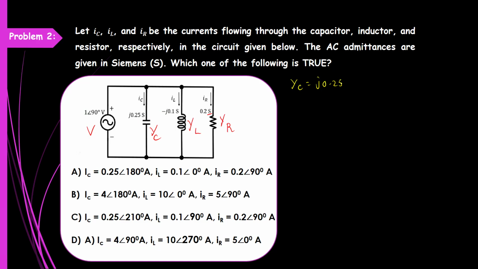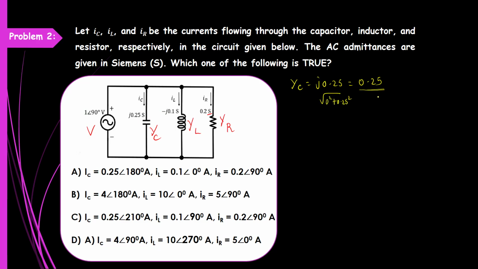So when we convert this into polar form, 0.25 is the magnitude because the real part is 0. So the square root of 0 squared plus 0.25 squared is nothing but 0.25.